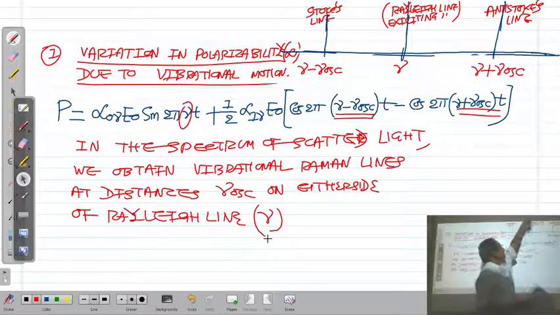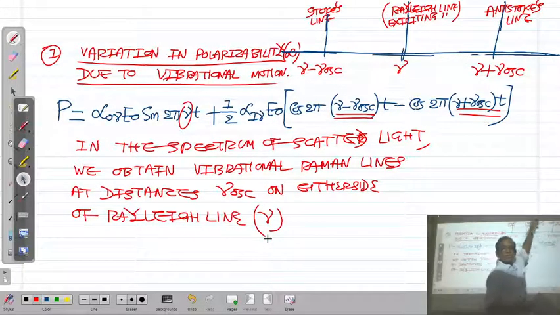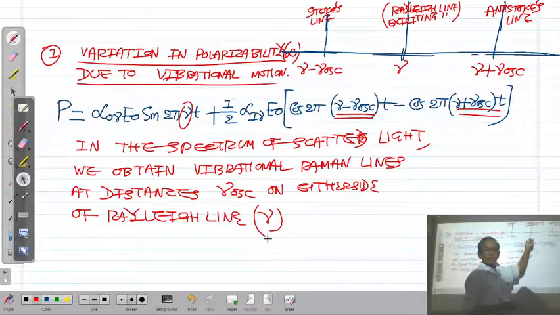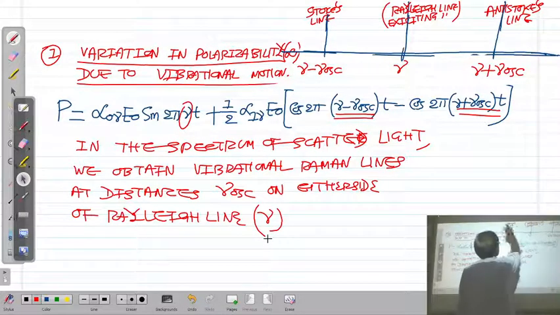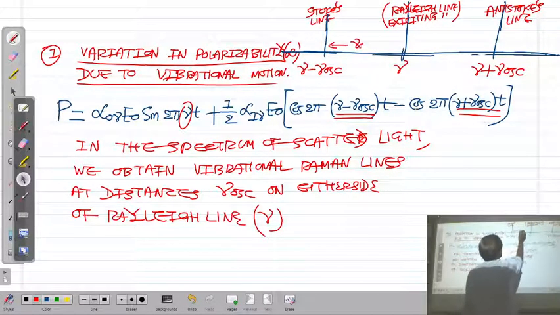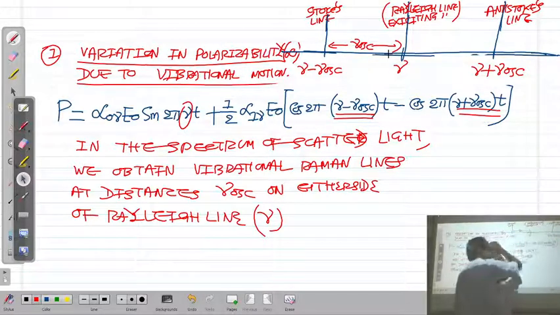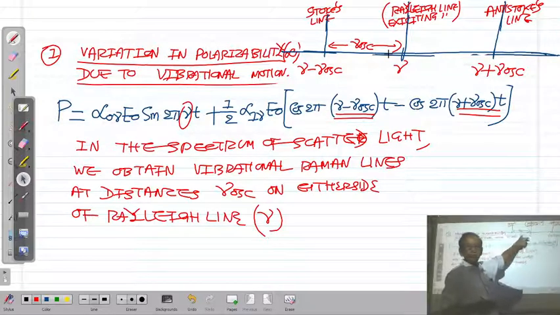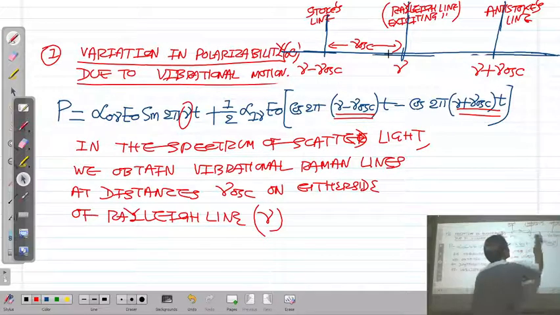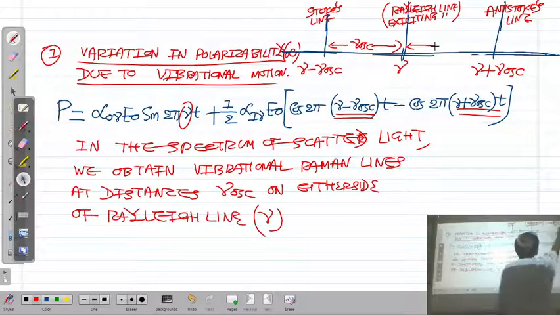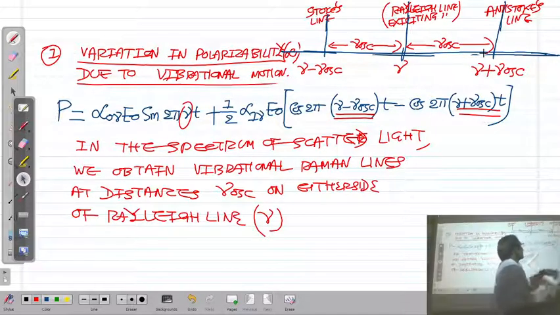So the frequency of the Rayleigh line or exciting line is nu. We get a vibrational Stokes line at distance nu oscillation on the left hand side of the exciting line. So the frequency of the vibrational Stokes line will be nu minus nu oscillation, and we also get a vibrational anti-Stokes line at distance nu oscillation on the right hand side. So the frequency of the anti-Stokes line will be nu plus nu oscillation.